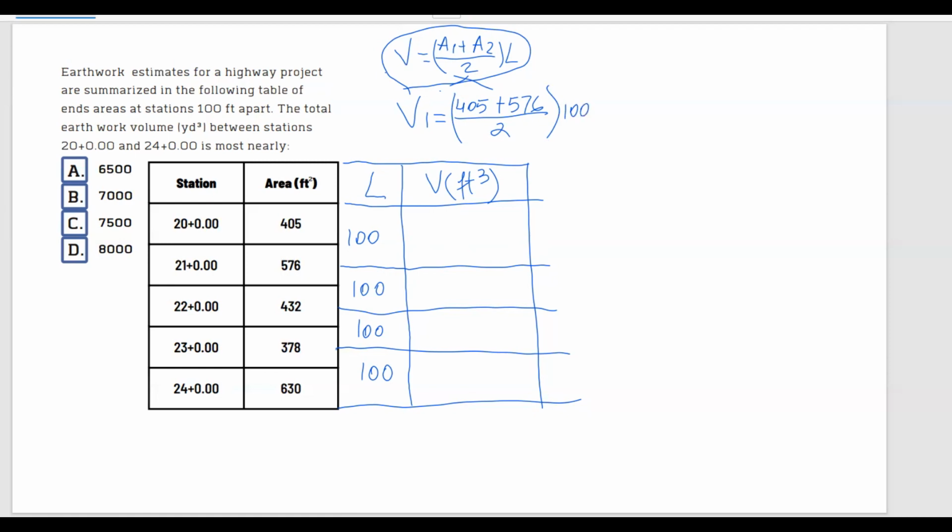405 plus 576, divided by 2, multiplied by 100. So we are getting a volume of 49,050. Now, volume 2 is going to be equal to 576 plus 432 divided by 2 and multiplying by the distance between them, which is 100 again.